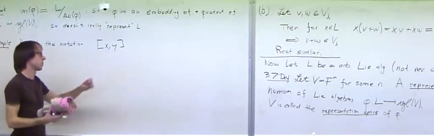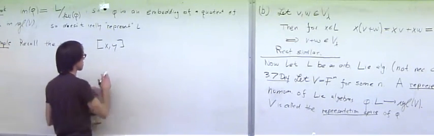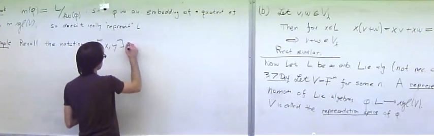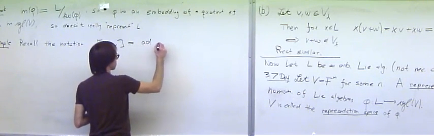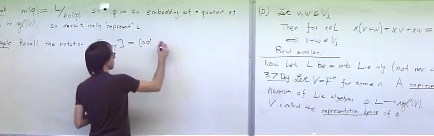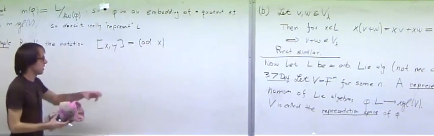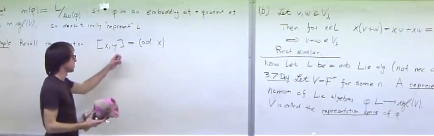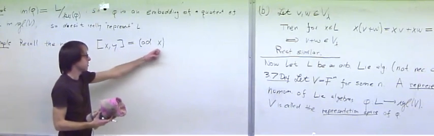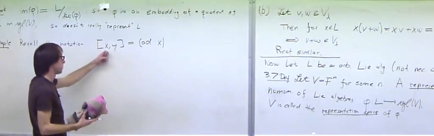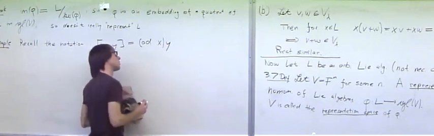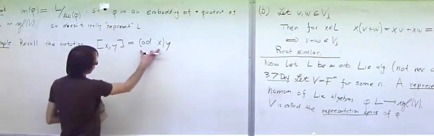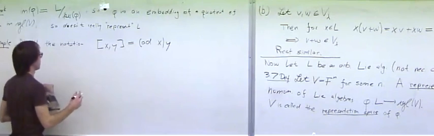Instead of writing the bracket of x and y, which is an element of the Lie algebra, I just define a linear map ad x from L to L, where ad x is left bracket multiplication with x. This operator is applied to y.